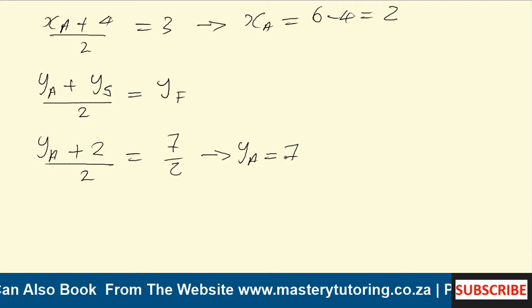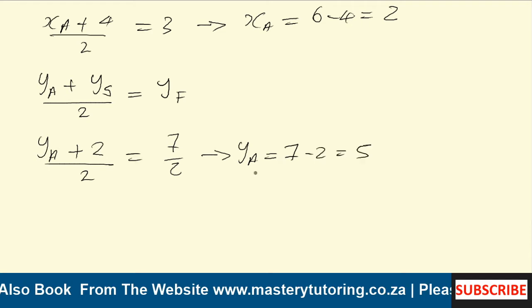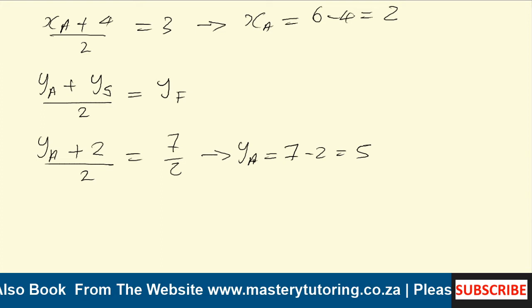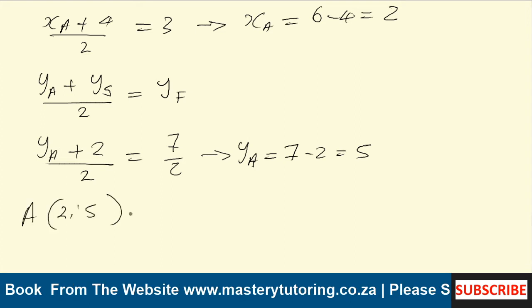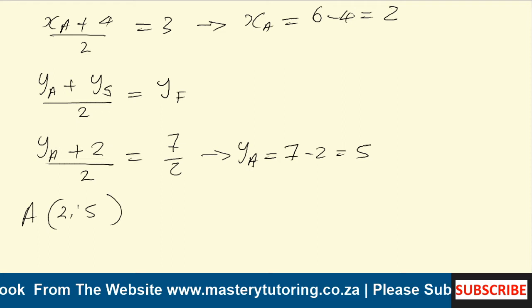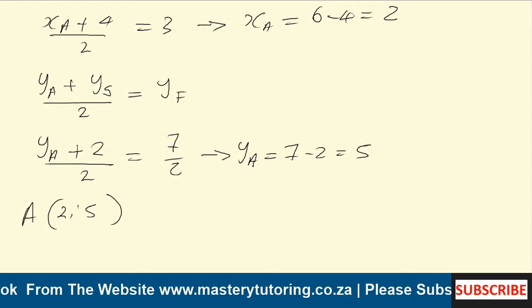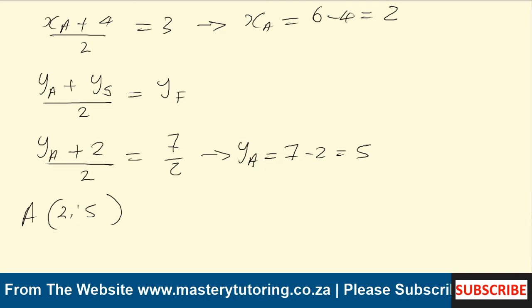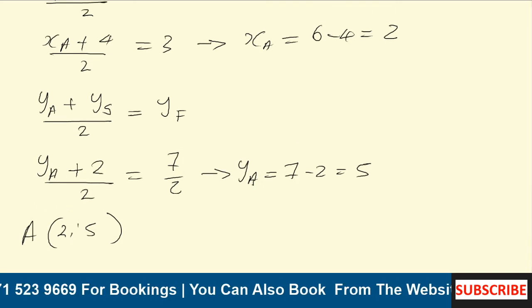So y at A is equal to 5. Now the coordinates of A is 2, 5, which is the same as what they've asked us to prove. So we've proven it. Now we're going to move to question 3.3.